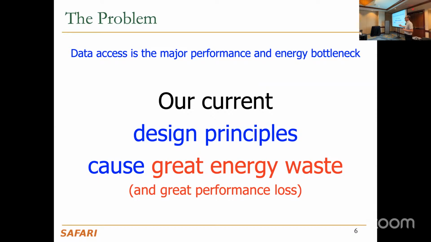So complexity is increasing so that we can tolerate the data movement latencies. And in turn, energy is getting wasted more and more because of the increasing complexity. So I think sometimes we forget how much complexity we add to our systems to tolerate these data movement issues.